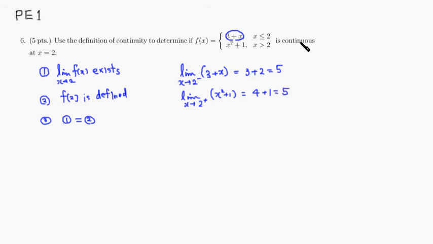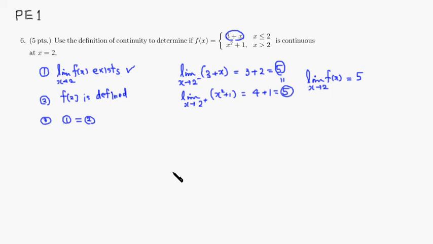So since the left-hand limit and right-hand limit exist and give exactly the same value, the limit of f of x as x approaches 2 is equal to 5, and obviously this exists. So we checked that.